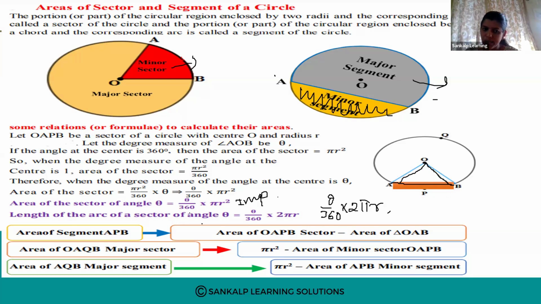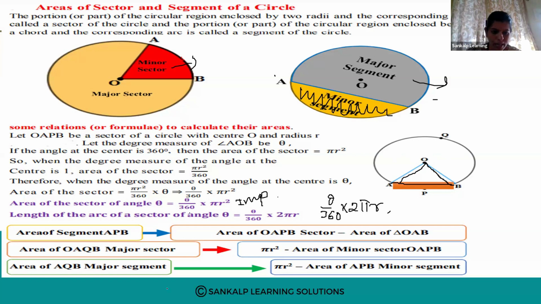When you want to calculate the area of the major sector OAQB, then it is pi r square minus the area of minor sector OAPB. OAPB is the minor sector and this part is the major sector. So when you want to find the major sector, the full circle area is pi r square, minus the area of minor sector, right?